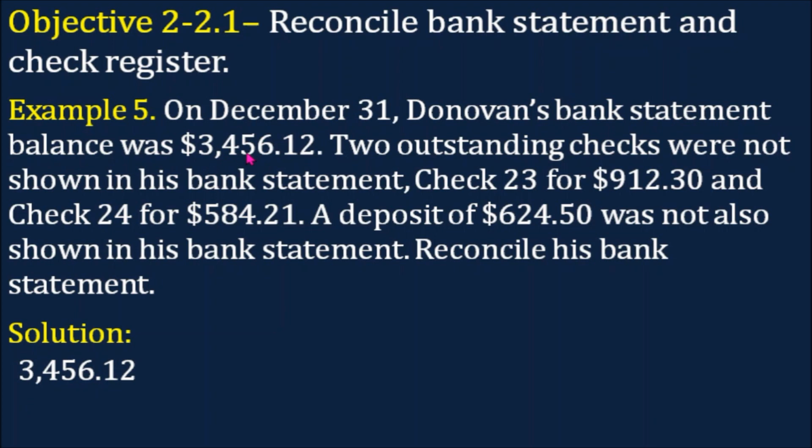So again, we are going to start with the balance. So $3,456.12. Then we have here two outstanding checks, so meaning to say we are going to subtract the amounts. The first check is amounting to $912.30. So that means subtract $912.30. And then the second check here is amounting to $584.21, meaning to say minus $584.21.